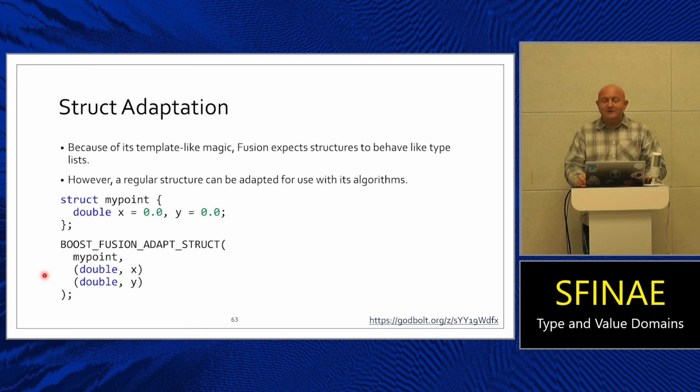So once you adapt your struct, you can pass it straight into the same PyDist function. No changes needed at all. You can now compute the distance between two points exactly the same way as between two tuples. That's the beauty of Fusion. You write one algorithm and it automatically works for any type that can look like a tuple at compile time.